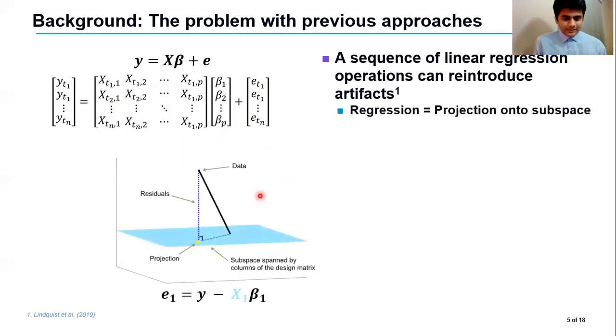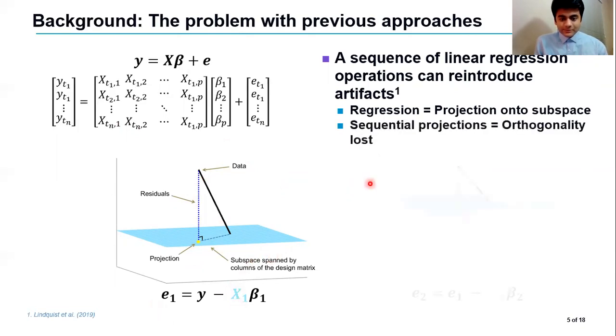So the problem is that a sequence of linear regression operations can reintroduce artifacts. This is because we can understand regression as a projection onto a subspace. For instance, here, X1 is one set of nuisance regressors that spans this blue plane, and projecting the data onto this subspace using this GLM gives us an orthogonal residual, which is E1, which will then be used for further analysis.